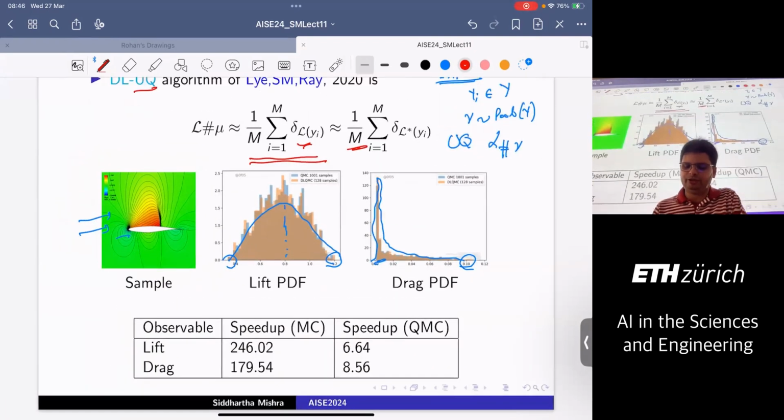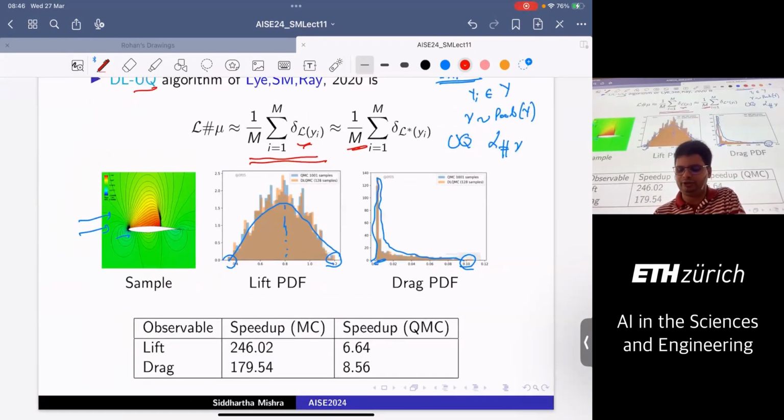So in fact, if you just looked at the uncertainty quantification using Monte Carlo, not training with Monte Carlo, just the original uncertainty quantification using Monte Carlo, you get two orders of magnitude, sometimes even 3 orders of magnitude. But in this particular problem, you get 2 orders of magnitude speed up.